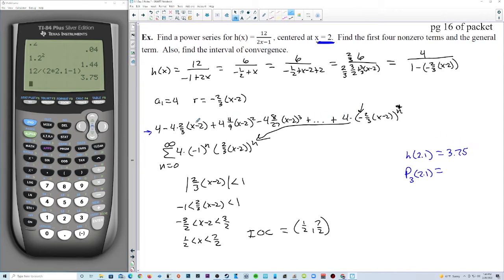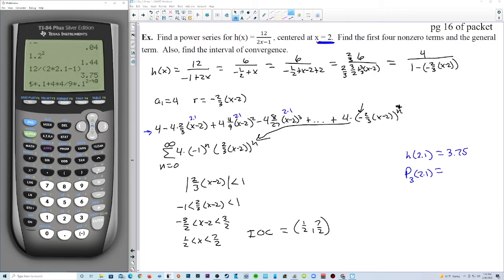Let's see what we get when we plug 2.1 in for this series. 4 minus 4 times 2/3 times 0.1, because that's what you get when you take 2.1 minus 2. All right, and then we go plus 4 times 4/9 times 0.1 squared.